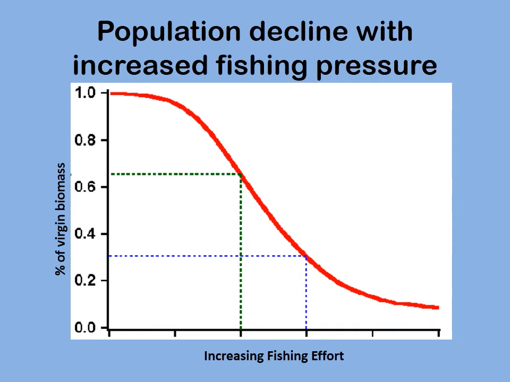Biomass equals the weight of an unfished population. So how big would the population be if it was unfished? That's the virgin biomass. Right now in the Bay of Plenty with snapper, we're at about 6% of the virgin biomass. So we're way over on the right-hand side. We've way overfished the stock in the Bay of Plenty for snapper.